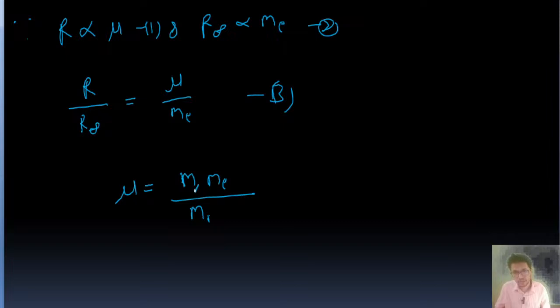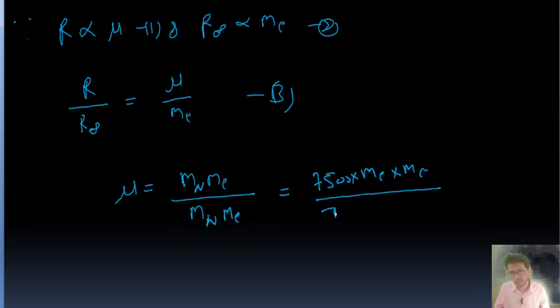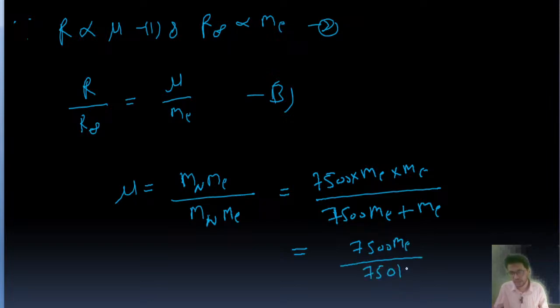The mass of nucleus is given as 7500 times the mass of electron, so mu is 7500 times the mass of electron into the mass of electron, upon 7500 times the mass of electron plus the mass of electron. M E will get cancelled, so this value of mu is 7500 M E upon 7501.